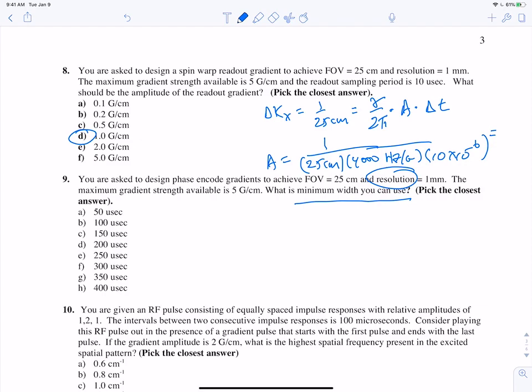So the 5 Gauss per centimeter has to get me out to the farthest part in k-space as quickly as possible. So the resolution is equal to 1 millimeter, which is 0.1 centimeter. And so we know WKY is just equal to 10 inverse centimeters.